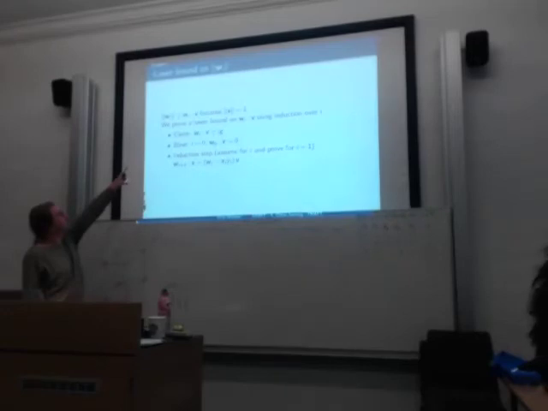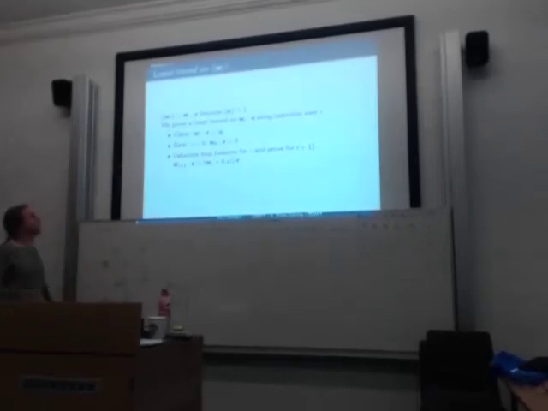So if V is 1, we know that wi dot v is upper bounded by the norm of wi.